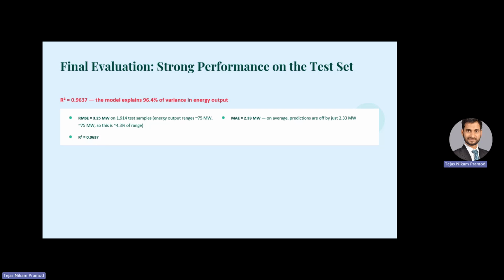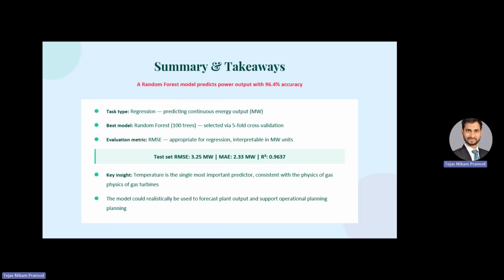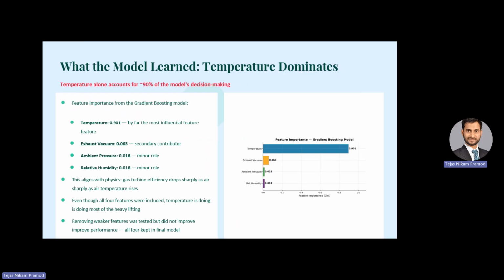It explains more than 96% of the variance in the energy output. One more observation was that temperature accounts for 90% of the model's decision making, based on the gradient boosting model. Temperature stands out as the most important feature.